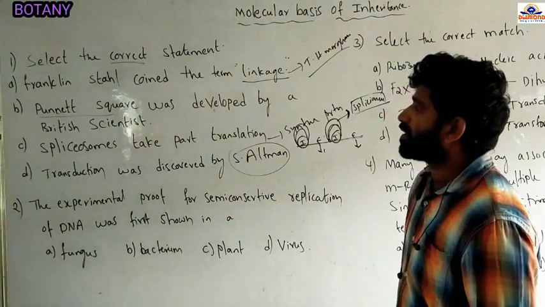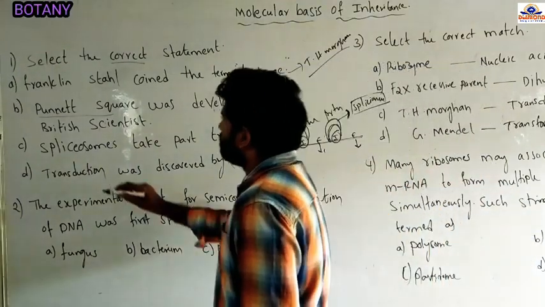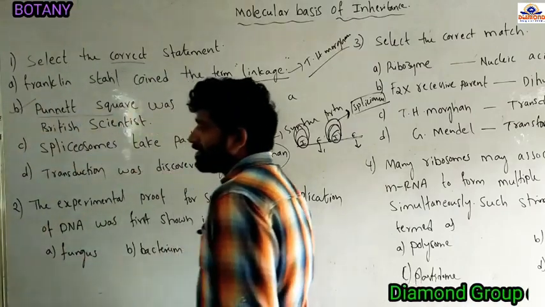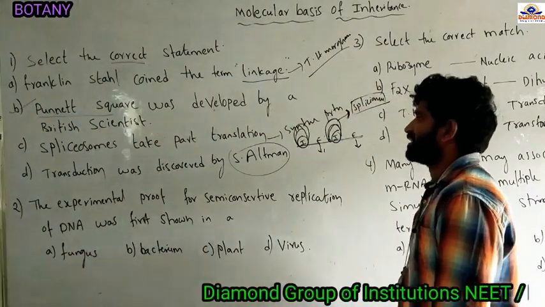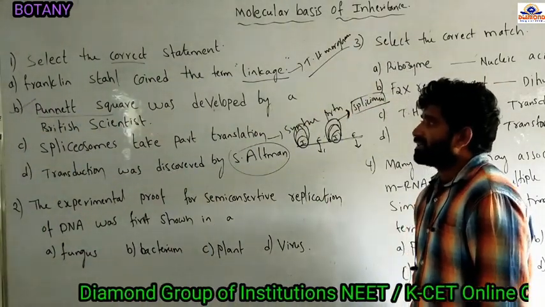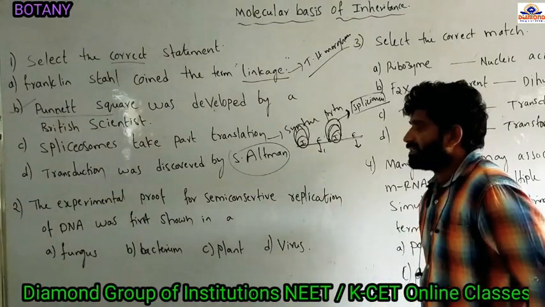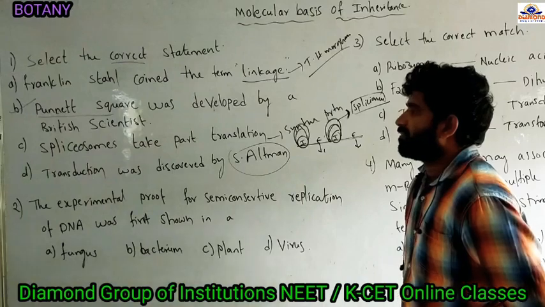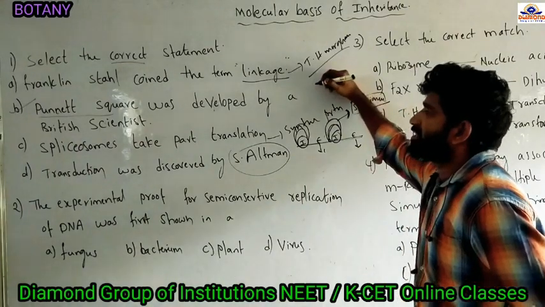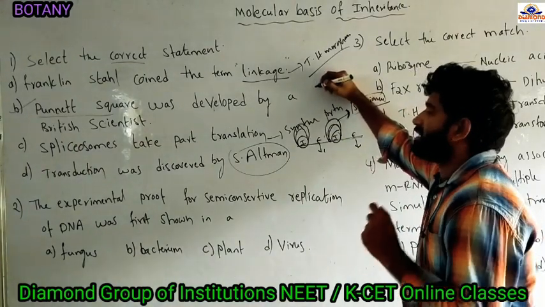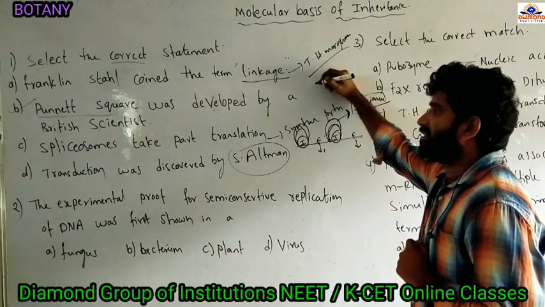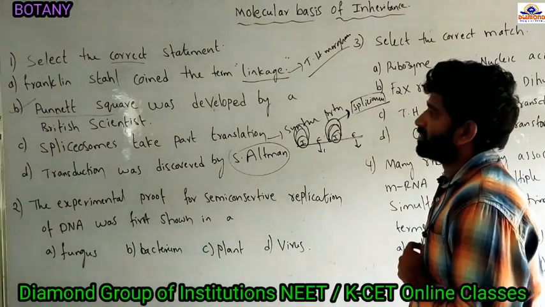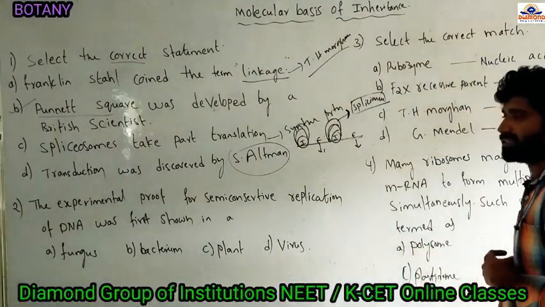So out of the four options, the correct statement is B. The Punnett square was developed by the British scientist. Punnett is a famous British geneticist. The graphical representation of alleles and organisms was developed by Punnett, so based upon his name, we call it a Punnett square.